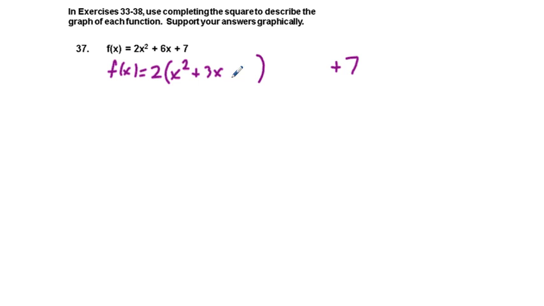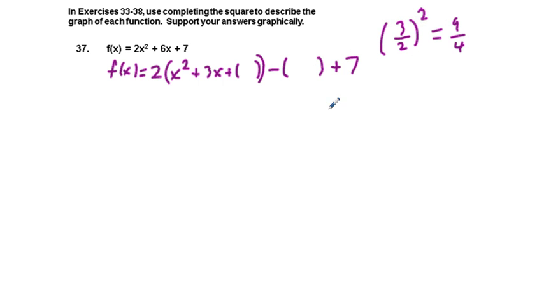So we're going to have to add to this to make it a perfect square. So I'm going to put plus parentheses, and we're going to be subtracting on the other side. And to find out what that needs to be, we take 3 divided by 2. That's going to be equal to 1.5, and we square that. We're going to get 9/4.